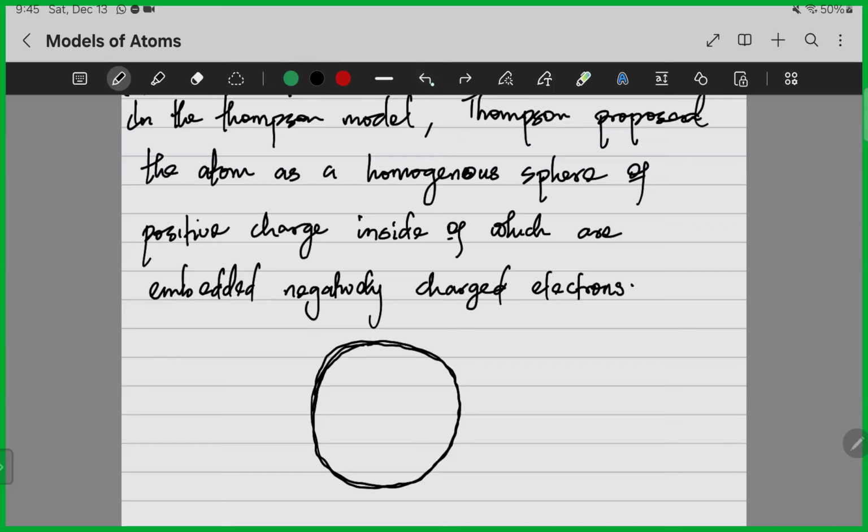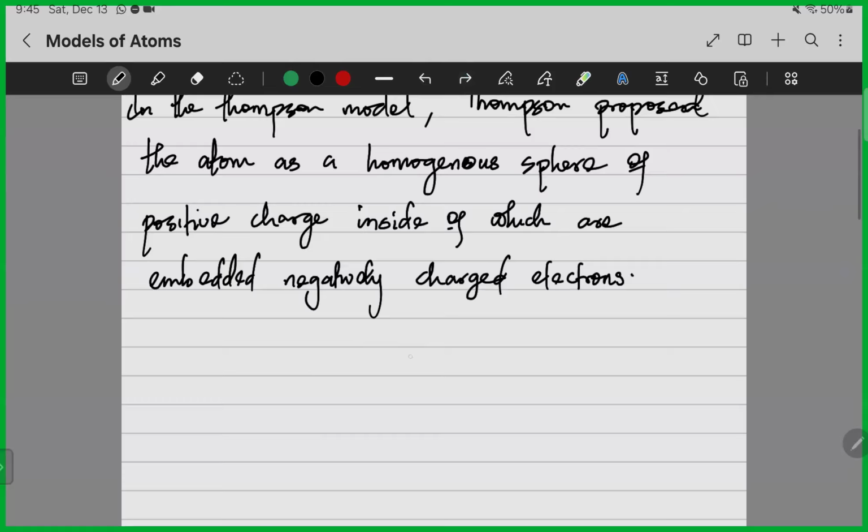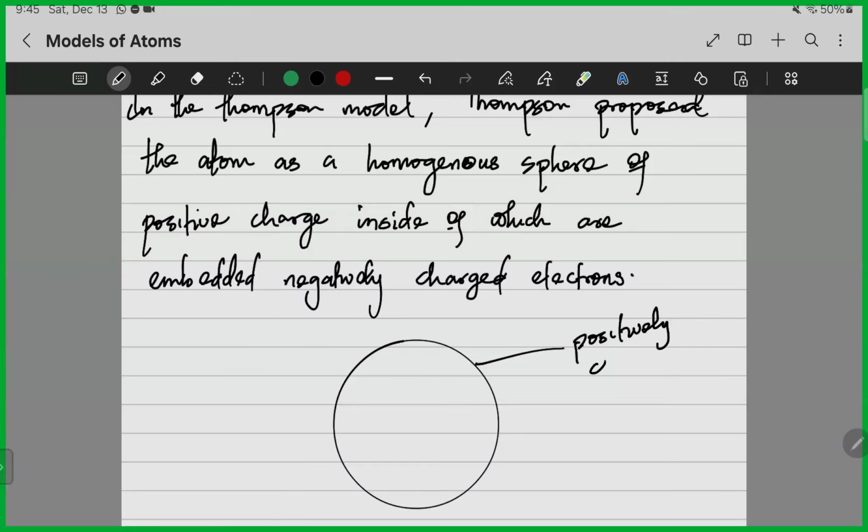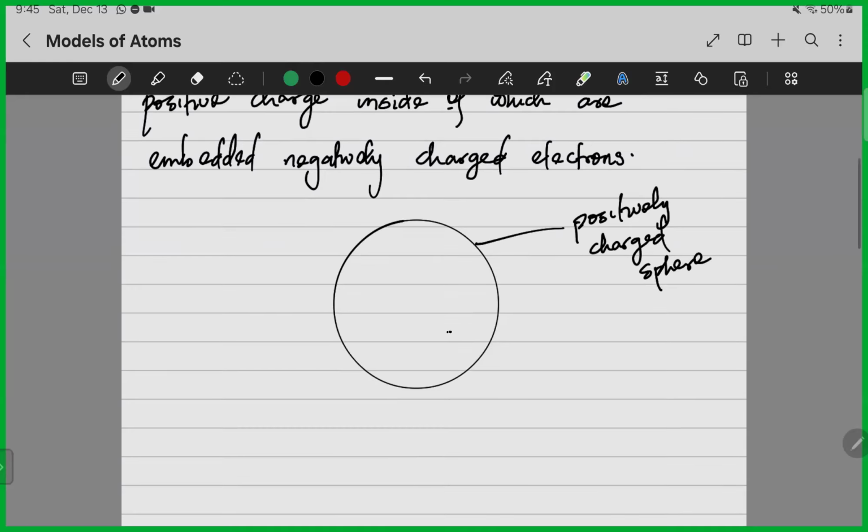So let me make that drawing again. Positively charged sphere with electrons within it.